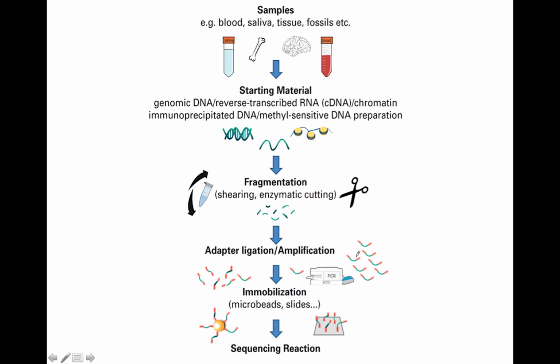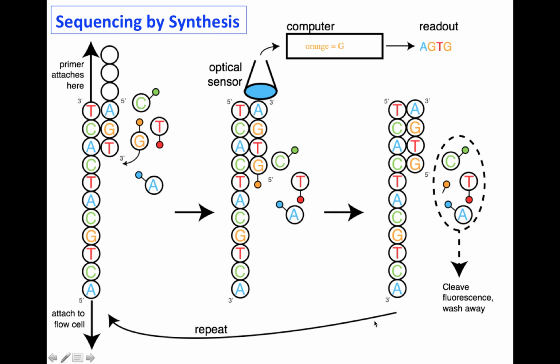And you add different adapters to the ends based on their 5' or 3' ends. And the next step is the most unique step for next-gen sequencing, and that is to immobilize the DNA onto some solid matrix support, either beads or slides, and then perform the sequencing reaction.